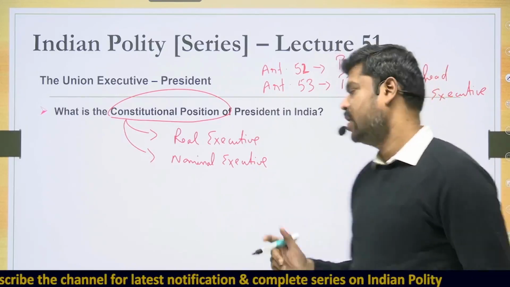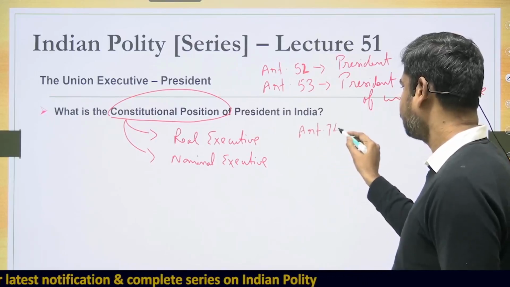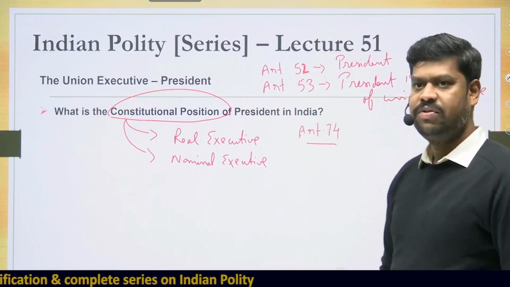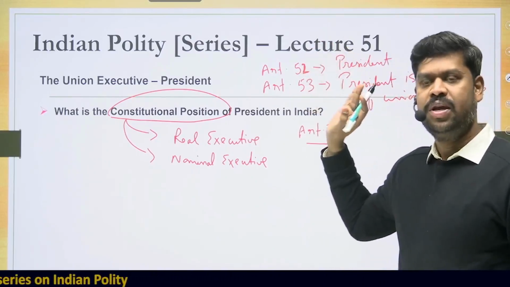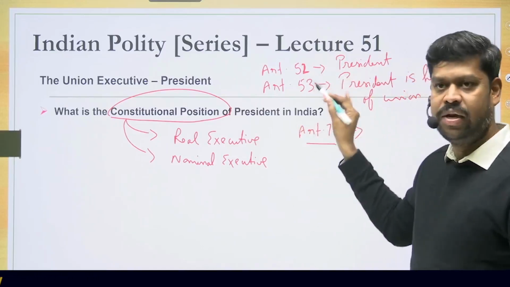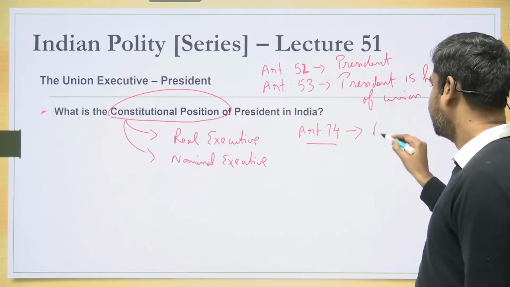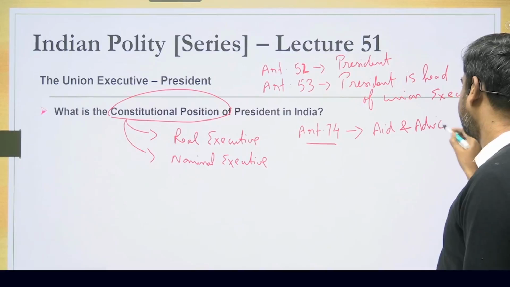To understand that, we should also understand Article 74 of the Constitution. If you read Article 74 along with Article 52 and Article 53, it makes it very clear that the president, though he is the head of the union executive, shall act in accordance with the aid and advice of the Council of Ministers.